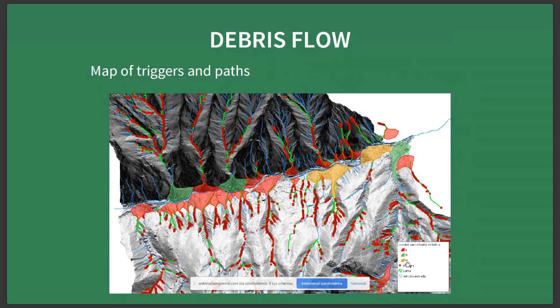And you can see where there is the yellow, you do not have anything that comes to the alluvial fan. When you have the green, maybe something arrives at the head of the alluvial fan, and when you have the red, some important triggers reach the alluvial fan, like in this case.